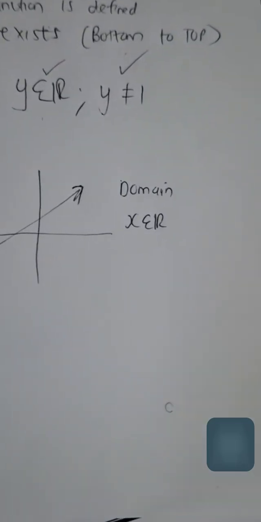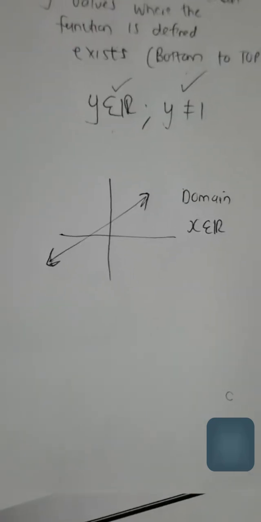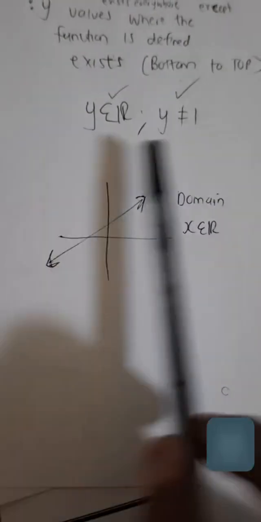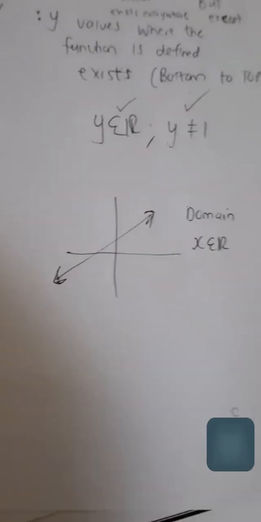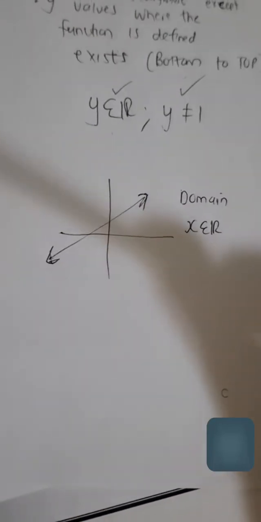So what did we say it means when the function exists everywhere? It means we'll say the domain is x is an element of real numbers. Are you with me? Yes. Because from left to right, the function is existing everywhere. There's no restriction. There is no place where the function does not exist.